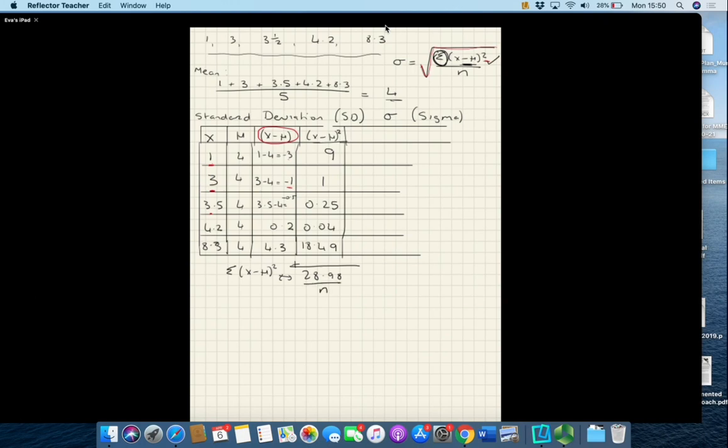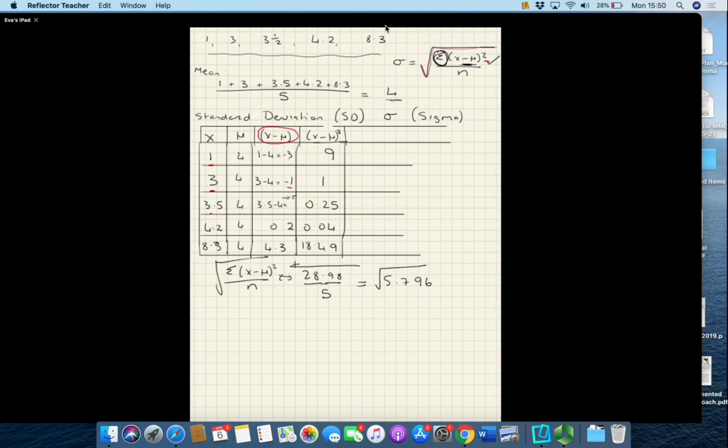Okay, well, I should do that over here. And my n, how many numbers do I have? 1, 2, 3, 4, 5. I divide 28.98 by 5, and I get 5.796. Okay, and then the last job is the square root of it.